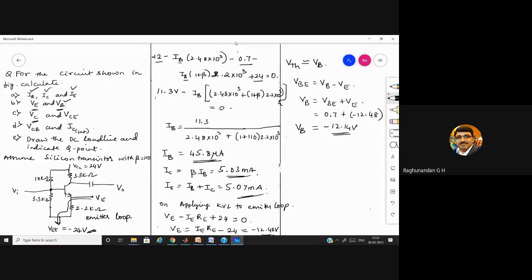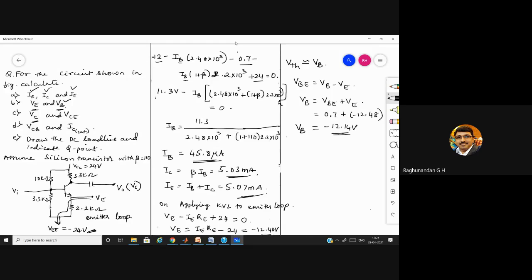VC means the voltage at this particular point, the output voltage V0, which is the collector voltage.